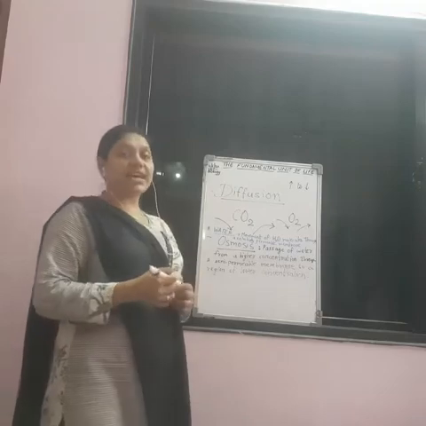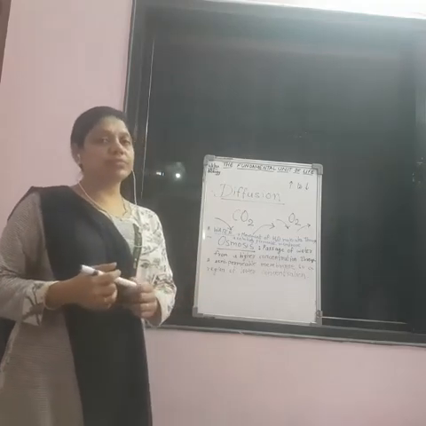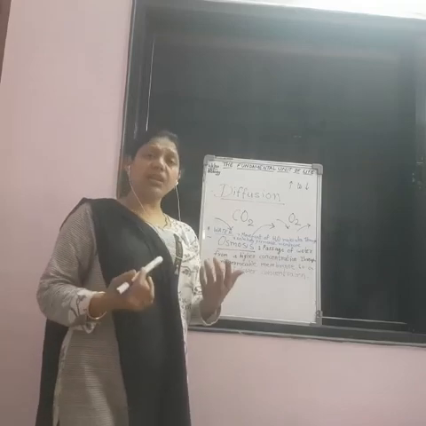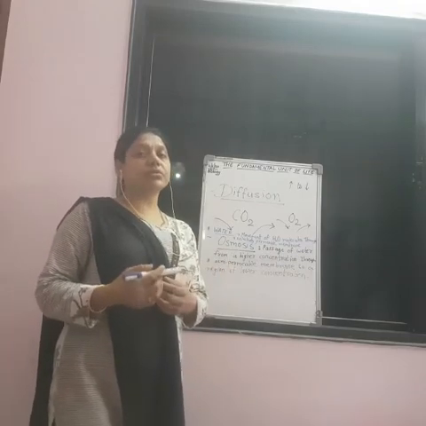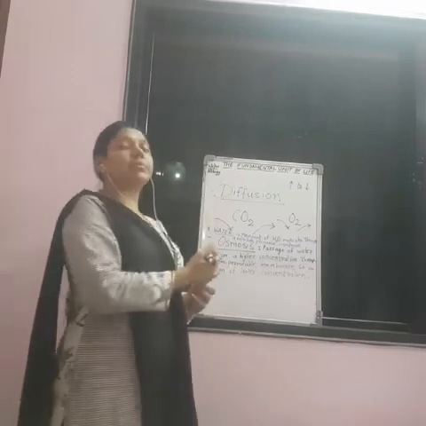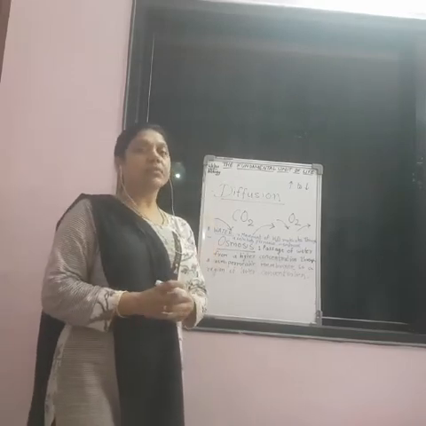When we talk about gases like carbon dioxide and oxygen, when within the body, in the cell, the concentration of carbon dioxide increases, then it is higher than the carbon dioxide present outside the cell.